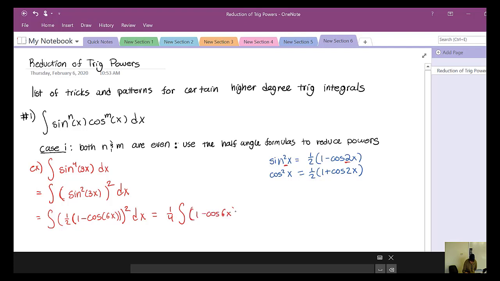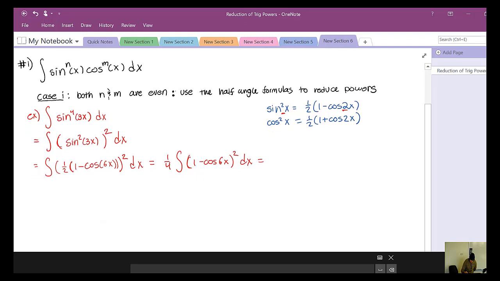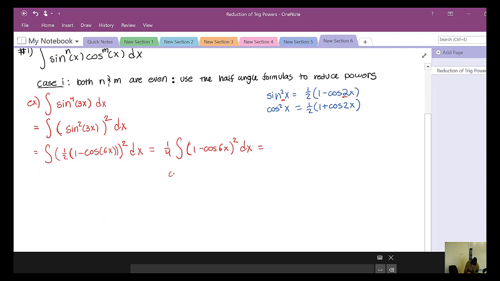So here we do algebra. If we're going to FOIL out 1 minus cosine of 6x, 1 minus cosine of 6x, let's see, this and this make what?